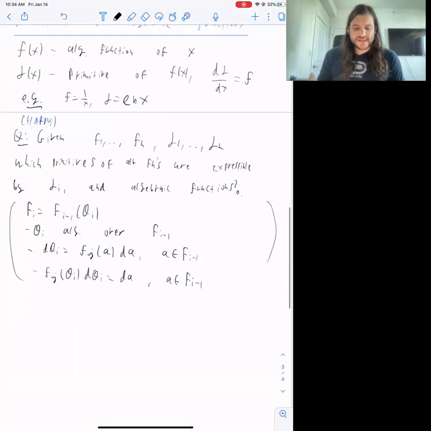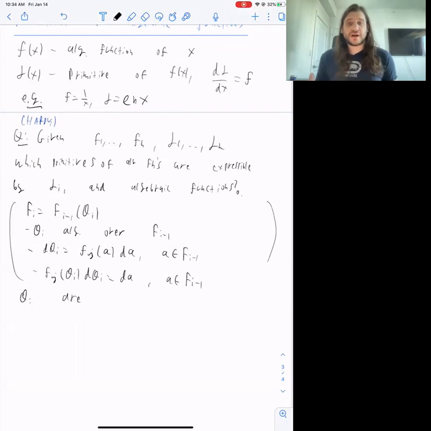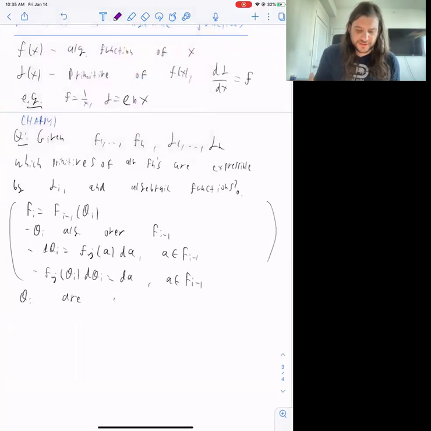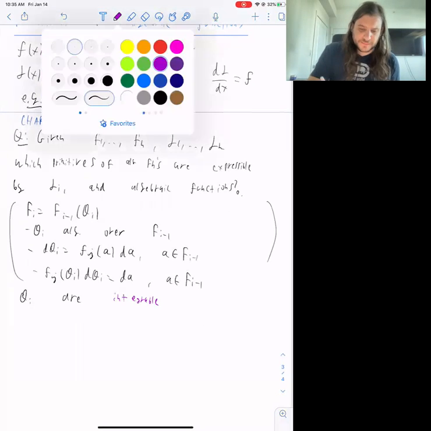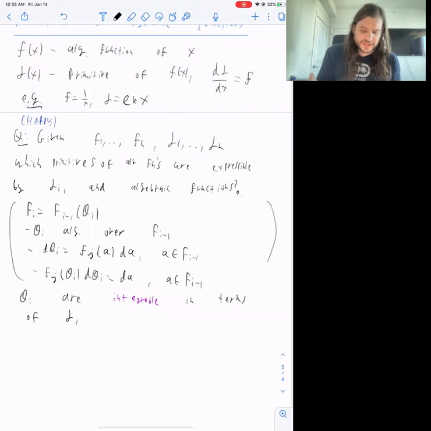And we're going to say that all of these theta i's are integrable in terms of these alpha 1 through alpha n.